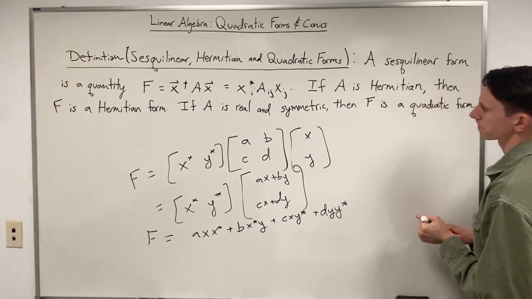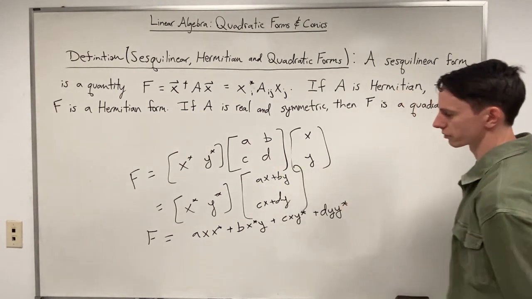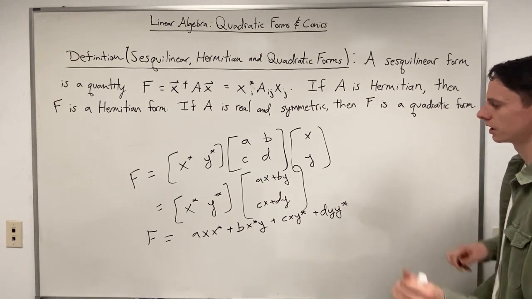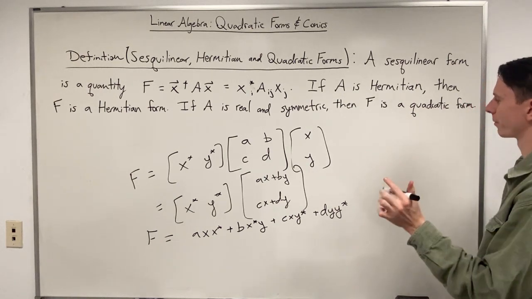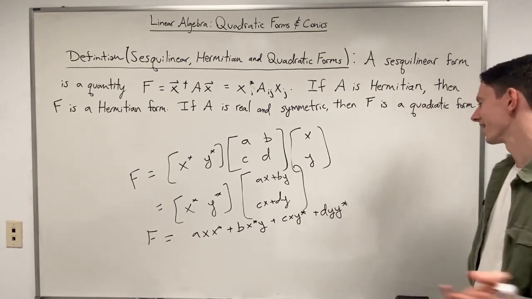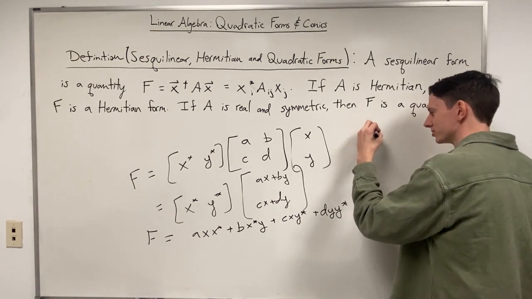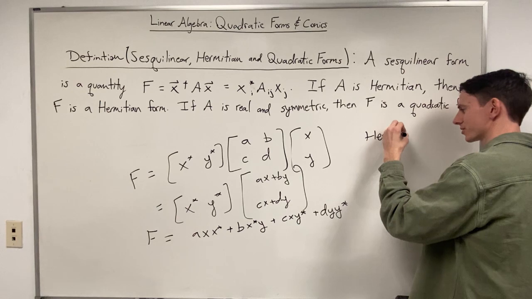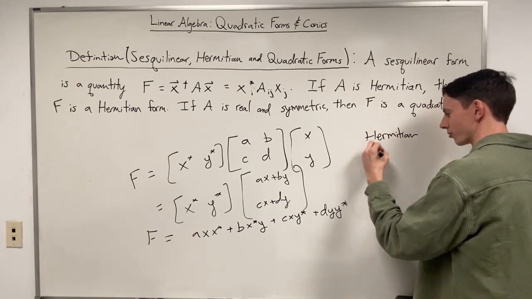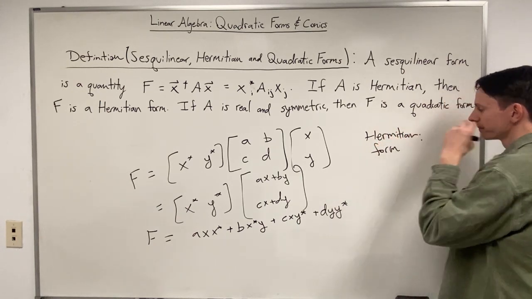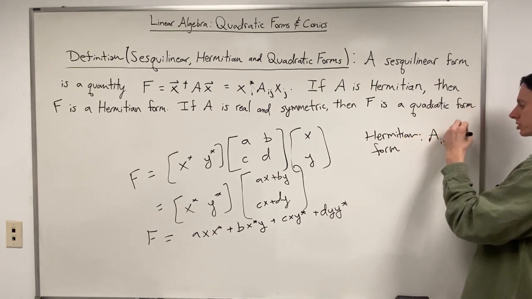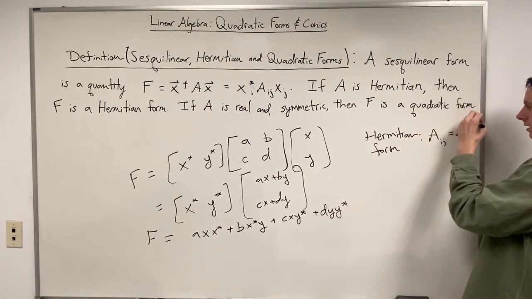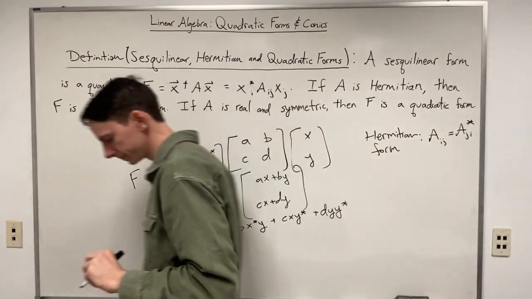So, I want to keep this up just because it's a general example, I guess. But for a Hermitian form, I don't know why I erased that. I want to use that. So let's just write this out here. Hermitian form. This is when the matrix satisfies Aij equals Aji complex conjugate, right?